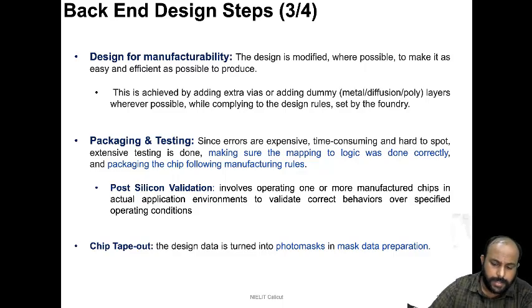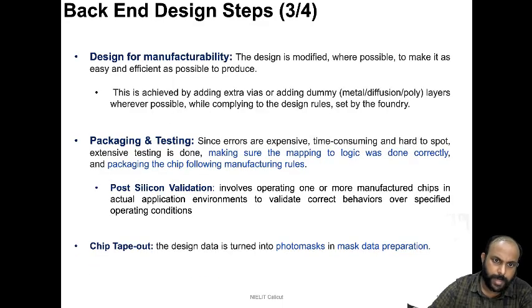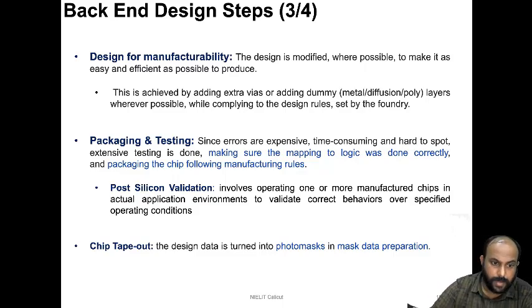Now after this physical verification and sign off step is done, which includes design for manufacturability steps as well, the chip, the die, is taken for packaging and testing. In this step, basically it is ensured that there are no logical faults in the chip, and the packaging is done following the manufacturing rules.